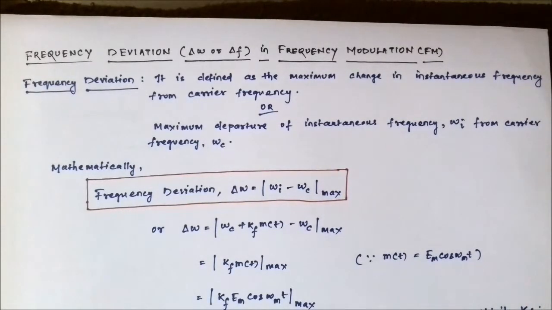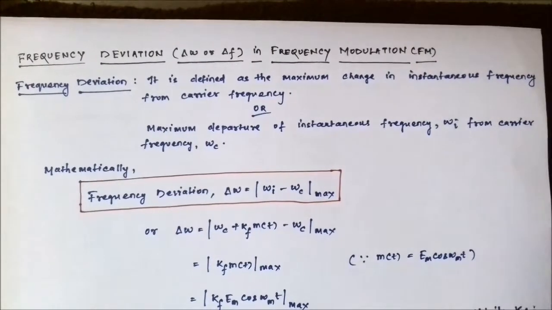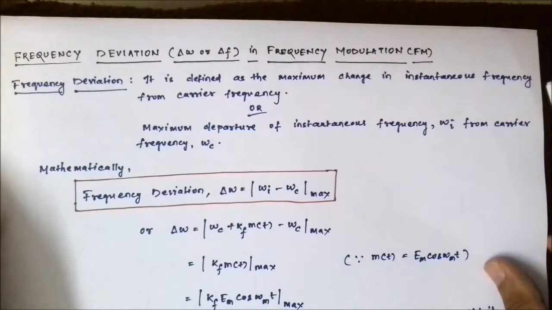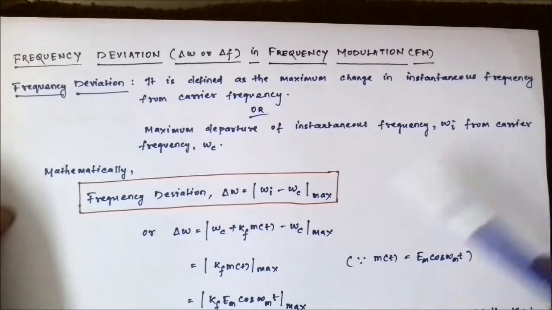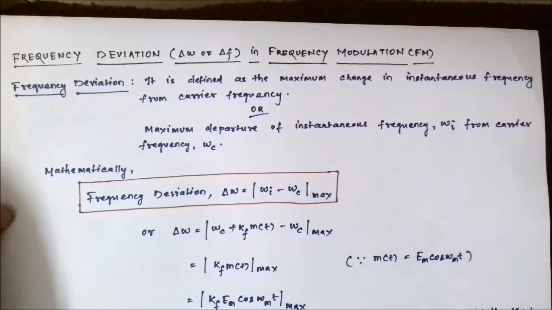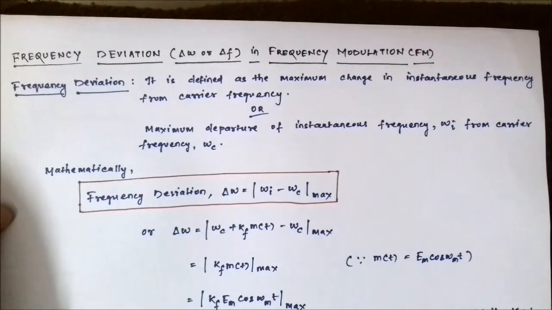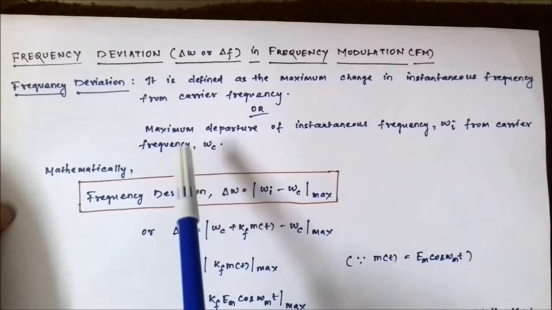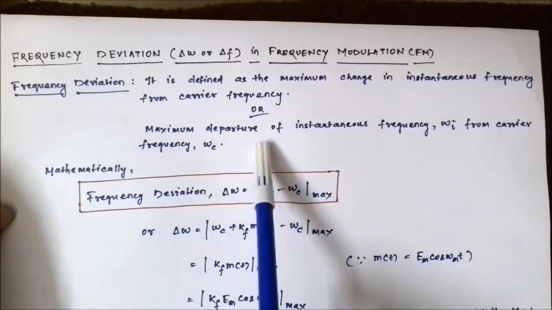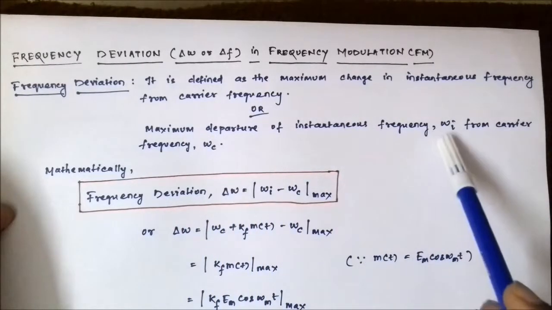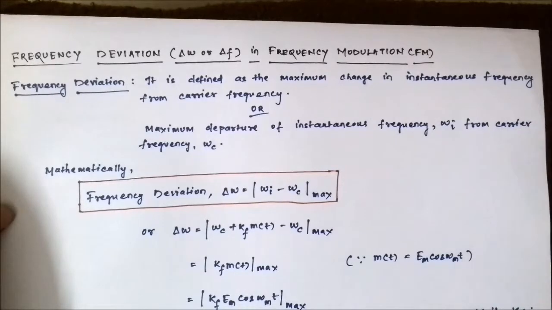It is the maximum change in the instantaneous frequency of the carrier signal from the carrier frequency, or in other words it can also be defined as the maximum departure of the instantaneous frequency omega subscript i from the carrier frequency omega c.